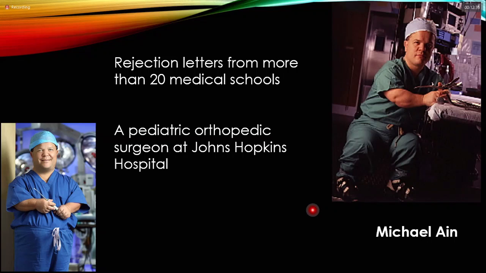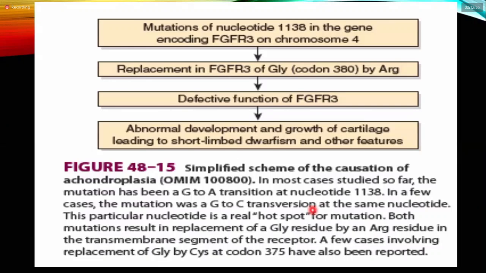And this kind of condition doesn't mean that this patient, or this individual actually, is mentally retarded. He just has that kind of condition, which is called achondroplasia, due to the mutation in the gene that is responsible for the formation of the cartilage.